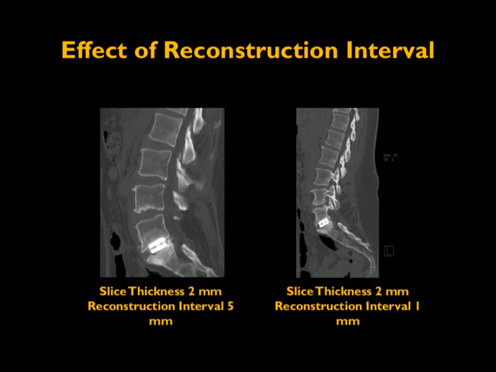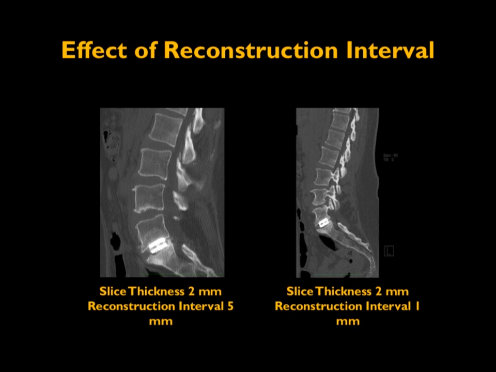The other secondary factor which influences spatial resolution or contrast resolution is the effect of reconstruction interval. The reconstruction interval does not impact the axial spatial resolution. However, when we are doing a longitudinal reconstruction such as sagittal or coronal reconstruction, required for 3D reconstruction, the reconstruction interval plays a significant role. On the left-hand side is a sagittal reconstruction of a lumbar spine.